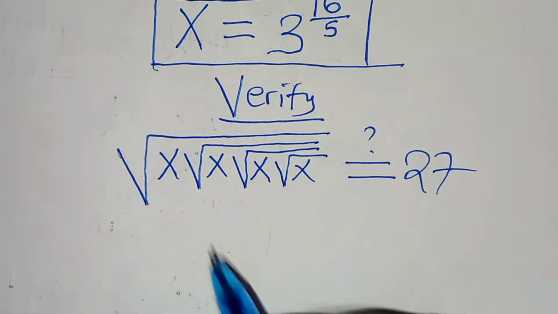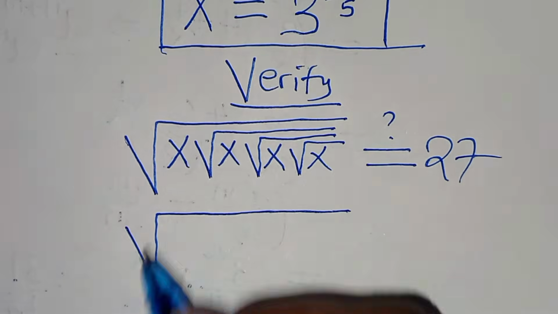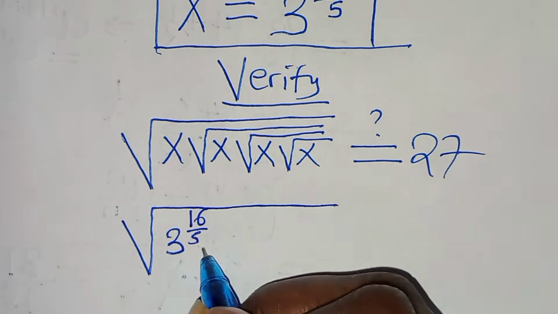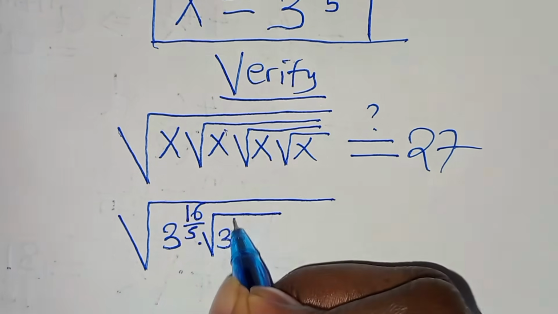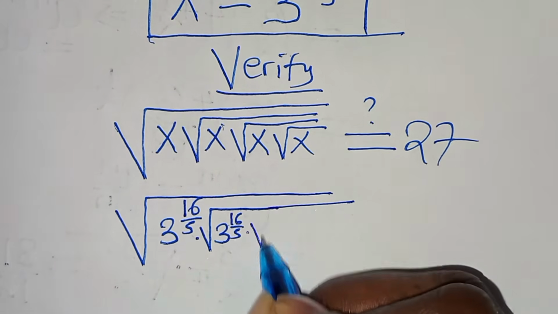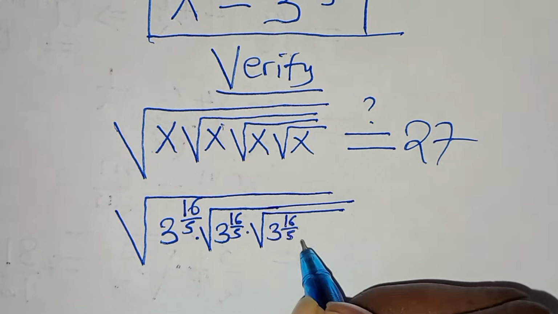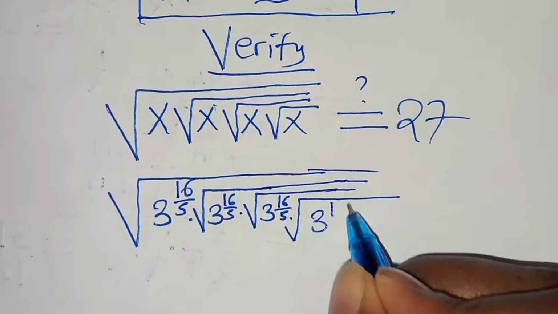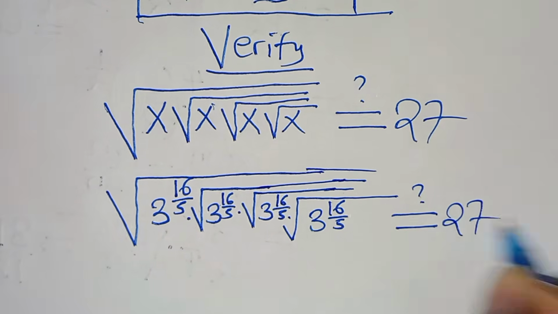Let's substitute x so that now we have the square root of 3 to the power of 16 over 5 times the square root of 3 to the power of 16 over 5, times the square root of 3 to the power of 16 over 5, then again times the square root of 3 to the power of 16 over 5, and this is supposed to give us a value of 27.